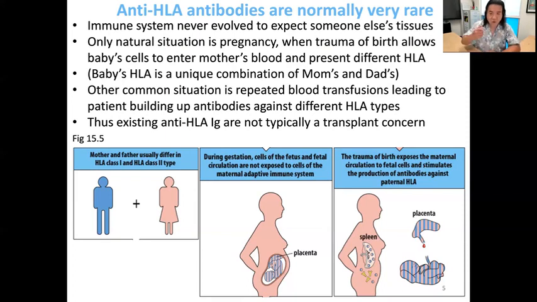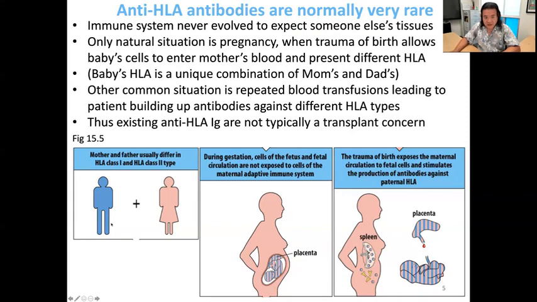In the natural course of how Mother Nature planned us to live and what our immune system should expect to encounter, there are very rare circumstances when you'd actually encounter somebody else's tissues. One example is pregnancy. During the trauma of birth, you're going to have some mixing of baby's blood and mom's blood, and therefore mom's immune system will be exposed to a potentially different HLA type, because baby's HLA type is a mix of mom's HLA type and dad's HLA type.